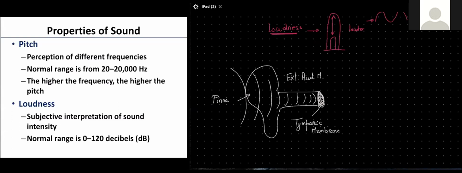The vibration of the eardrum is going to be conducted to the middle ear, where you're going to have three tiny bones, three ossicles. We call those ossicles the malleus, incus, and finally stapes.